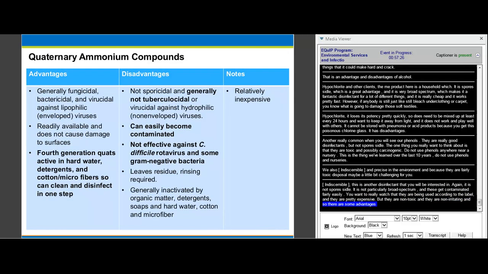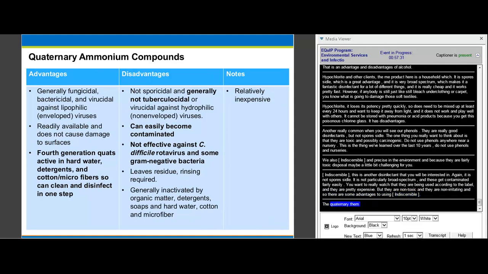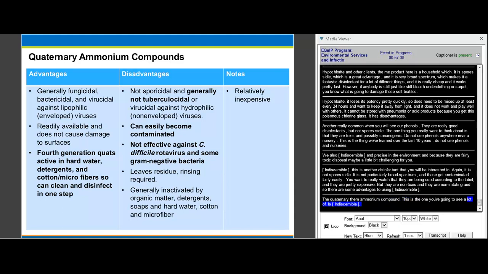The quats, the quaternary ammonium compounds, this is the one you're going to see a whole lot of. So your PDI Sani-Cloths generally tend to be the quats or the cationics, some of those, again, combination products.